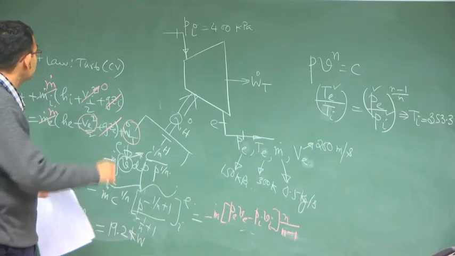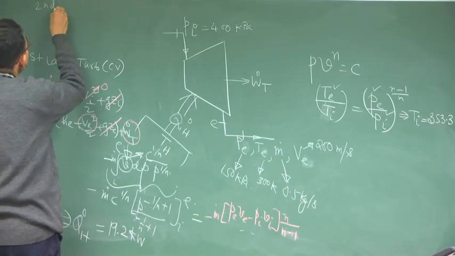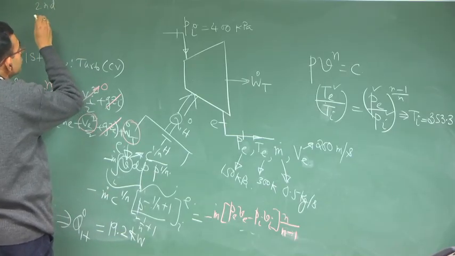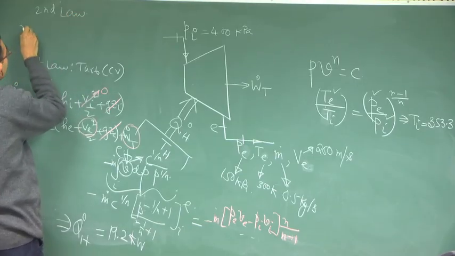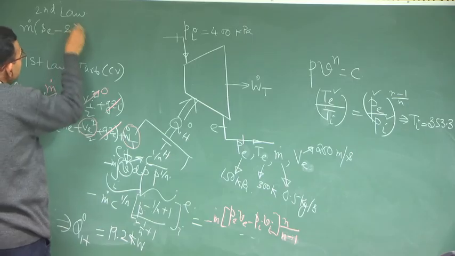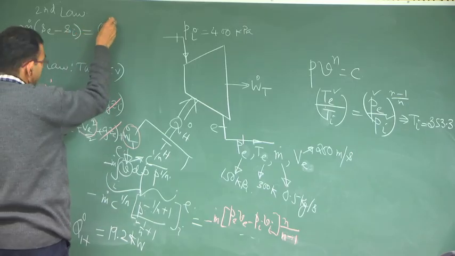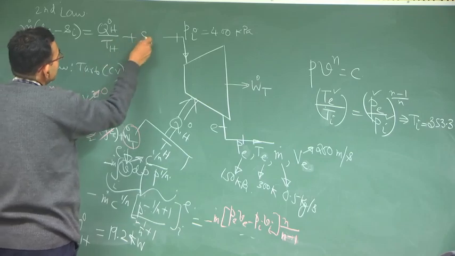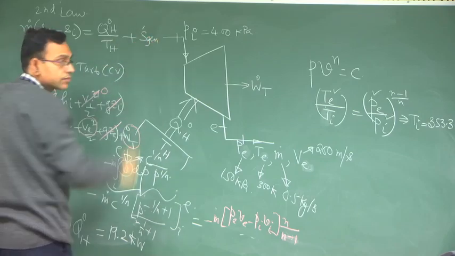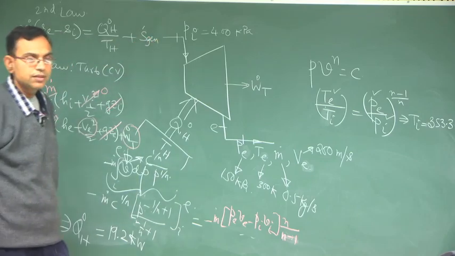Then we can apply the second law for the turbine. So, m dot into Se minus Si is equal to Q dot H by TH plus rate of entropy generation, right.